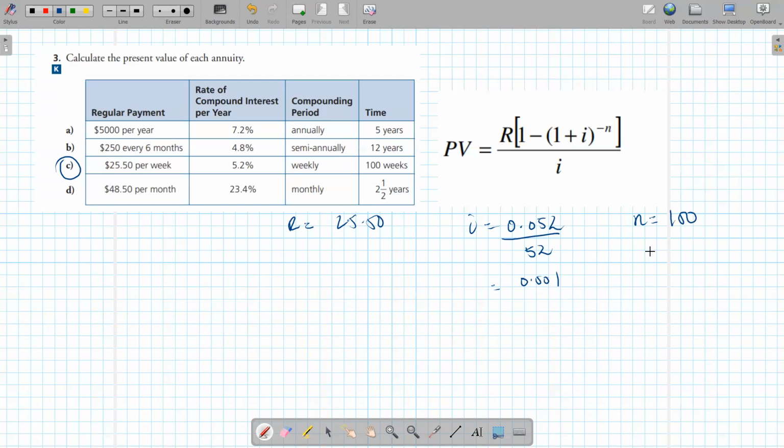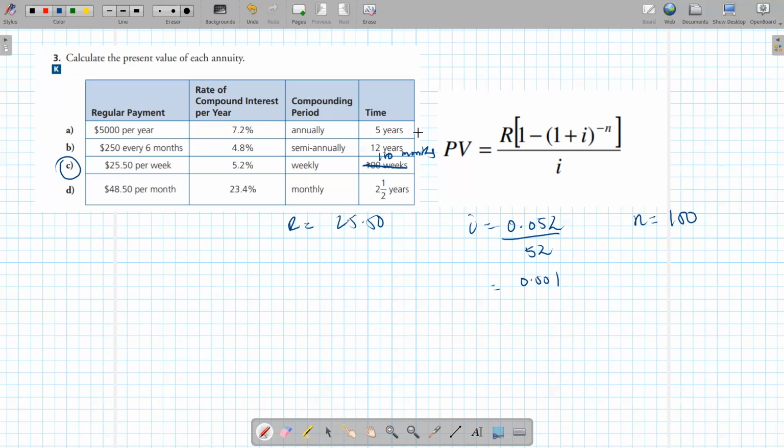But let's say instead of this being 100 weeks, it was 100 months. Then what do we do? It's still being compounded weekly. How many weeks are there in 1 month? 4.